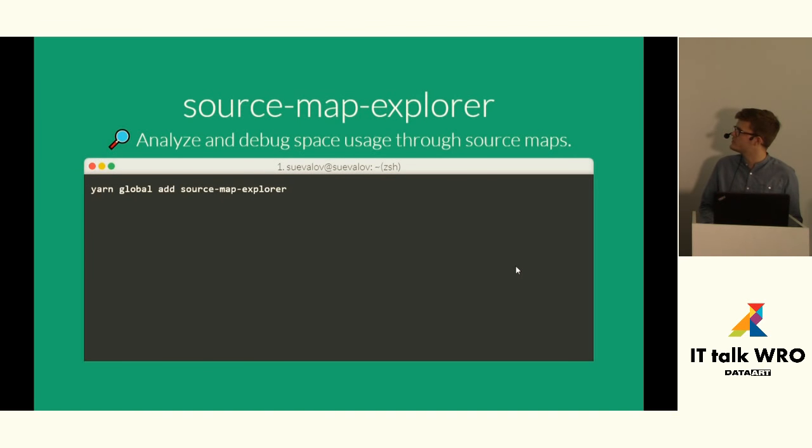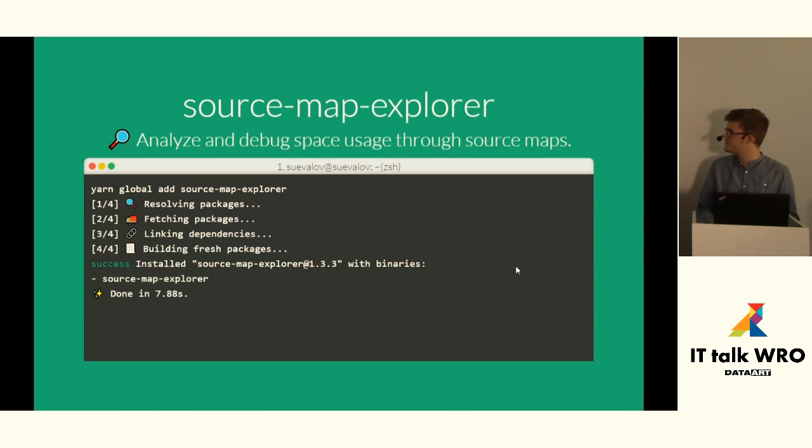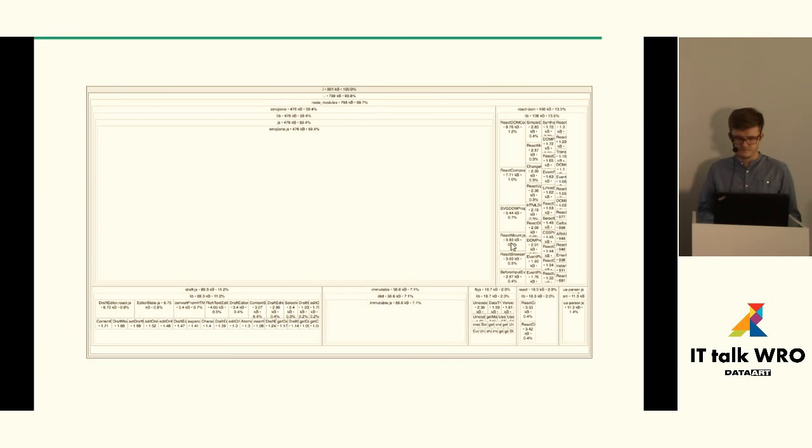It's called Source Map Explorer. I use this on a daily basis, so just install it globally and then use it in a terminal, specifying the relative path to the file that you want to explore. It opens a page in your browser and visualizes the whole dependencies tree, and you can click on every cell and go further to detect dependencies of dependencies and so on.